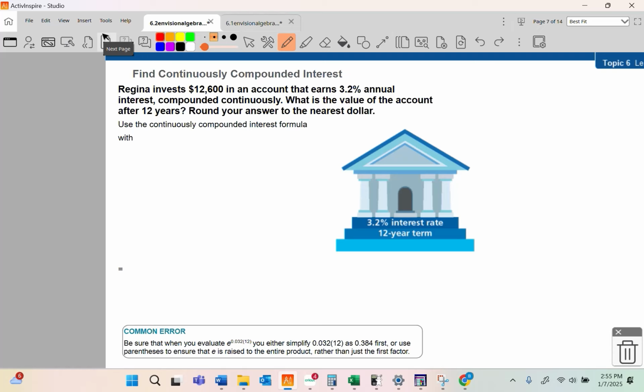R is going to be 0.032 because we have to shift the decimal 2 places to make it a decimal, not a percentage. And this is my time. Time is 12 years. So the amount in 12 years is the initial value invested, 12,600, times e to the 0.032 times 12.